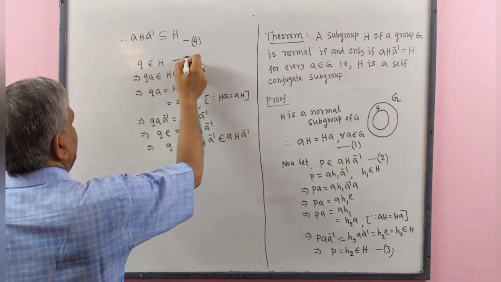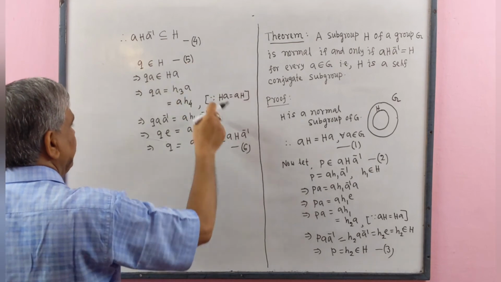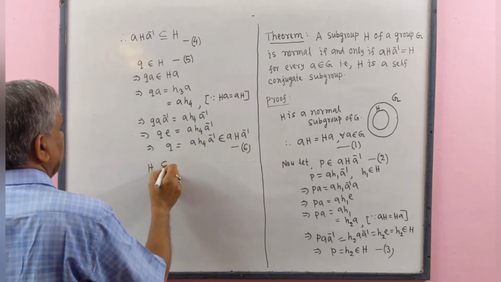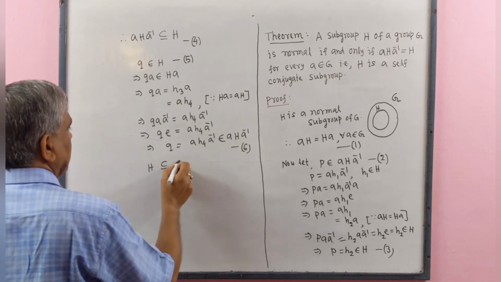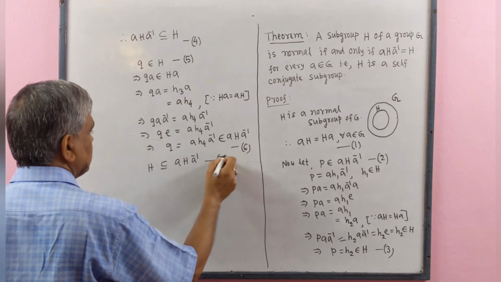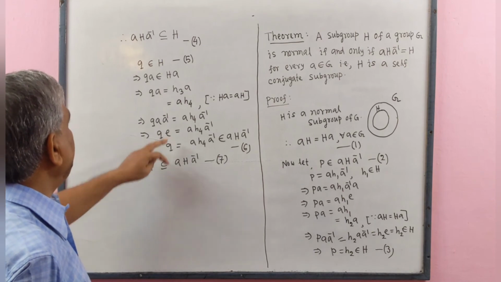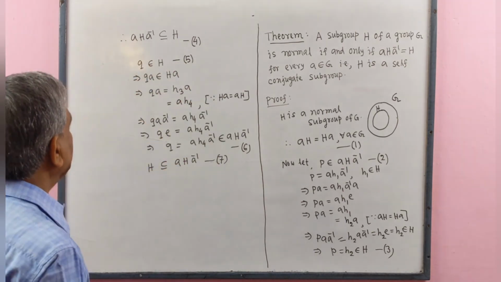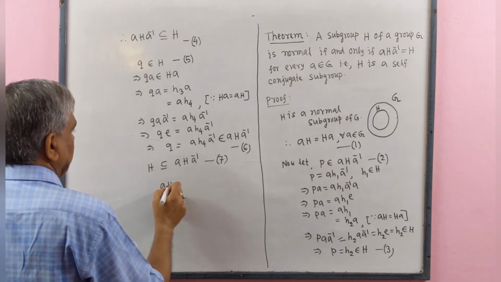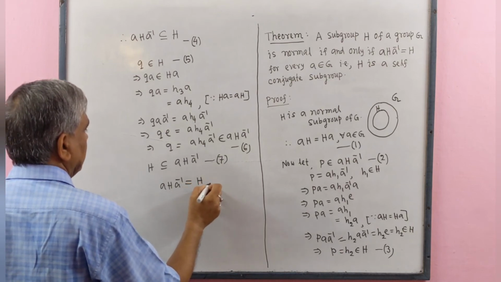Let this be number 5 and this be number 6. From 5 and 6 we get that H is a subset of AHA inverse. This is number 7. Therefore, from 4 and 7 we get AHA inverse equals H. This is 8.